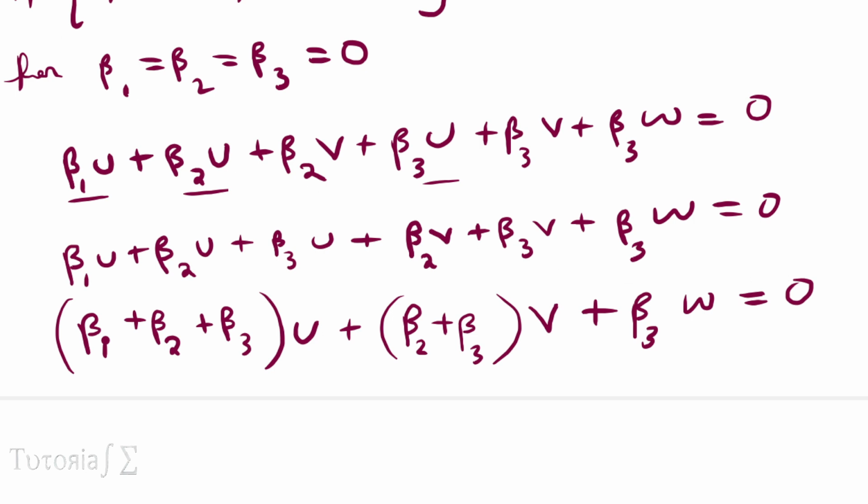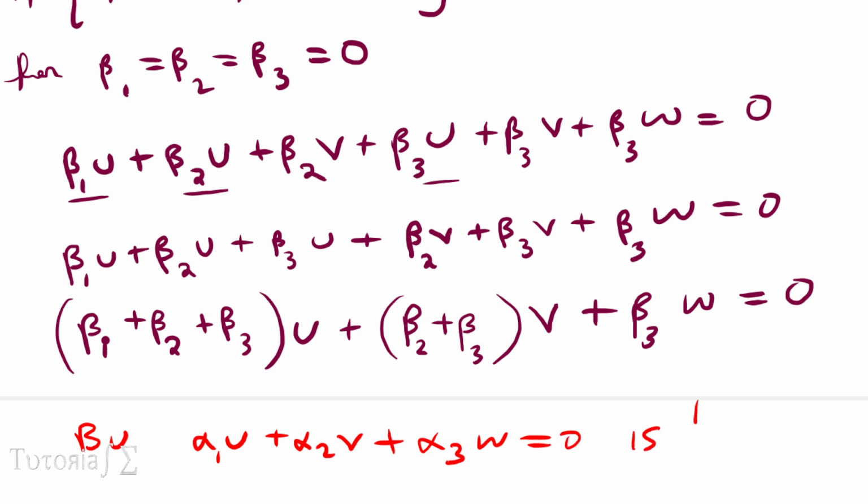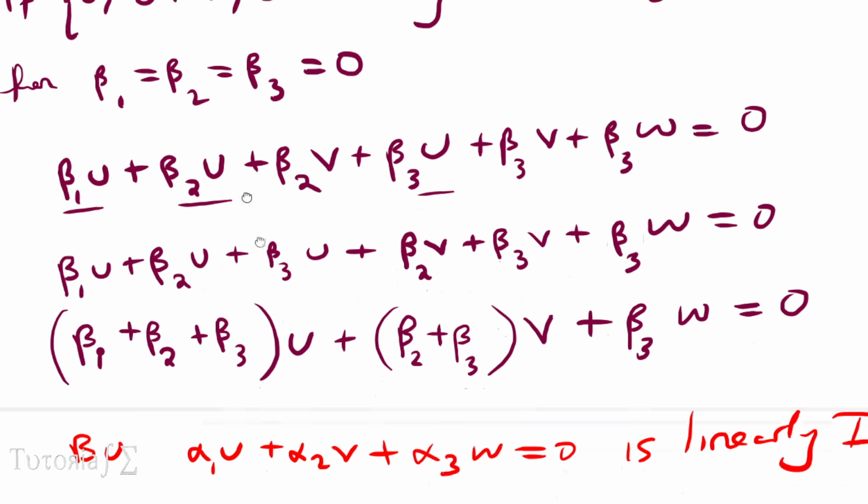Okay, now here, remember, we said that alpha 1 u plus alpha 2 v plus alpha 3 w equals 0 is linearly independent. Yes. Okay, remember that. So we've established that from the question.